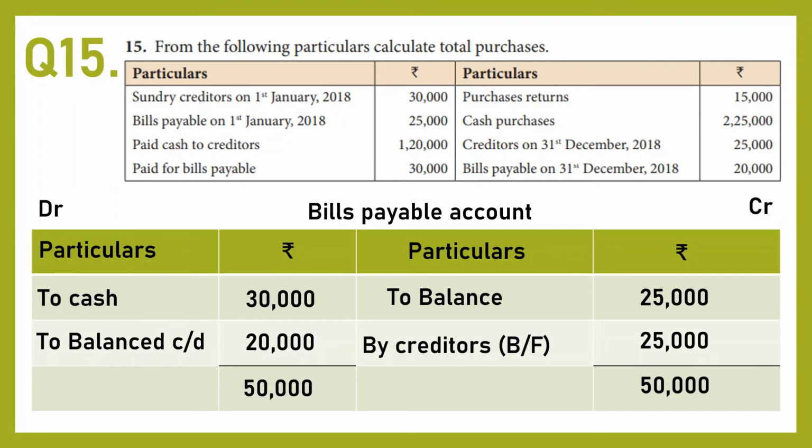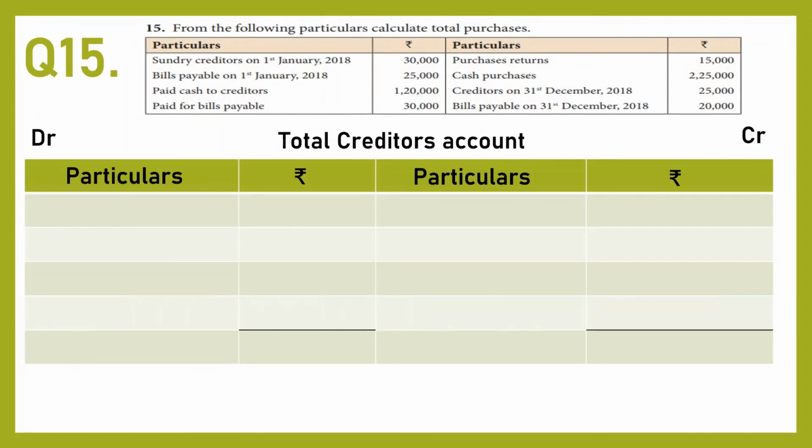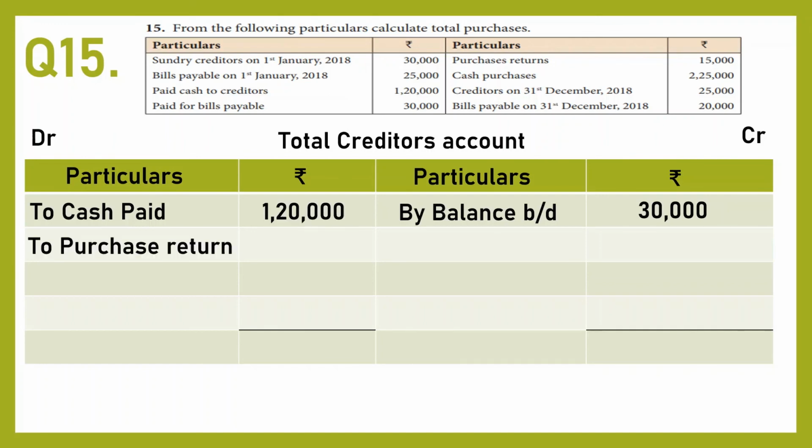Okay. So now I start preparing my creditors account. In the creditors account, I again have the opening balance which has been given in the problem. It is 30,000. And I have the cash that has been paid to my creditors. How much is the cash paid? It is 1,20,000. And then purchase returns, which is 15,000, and bills payable.